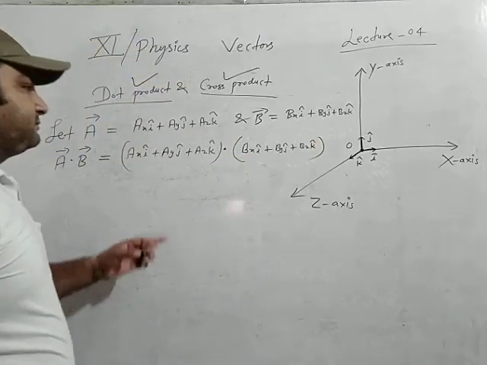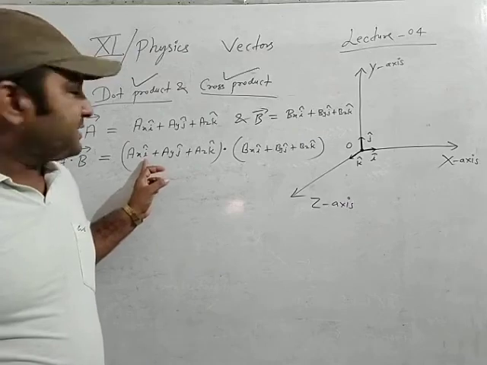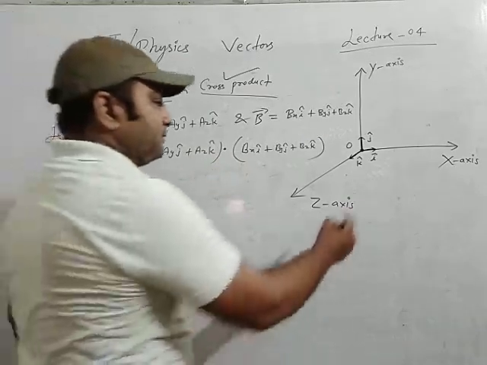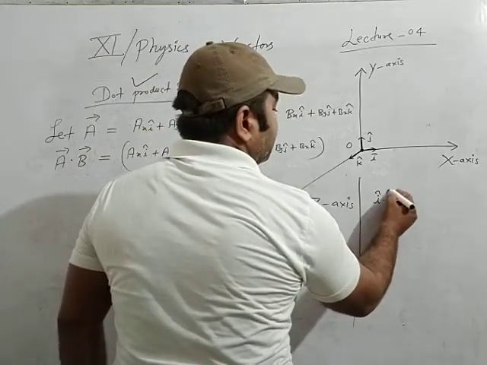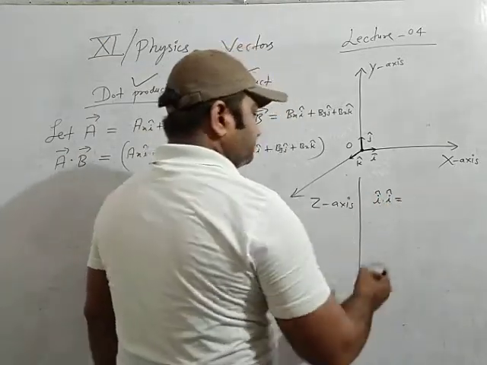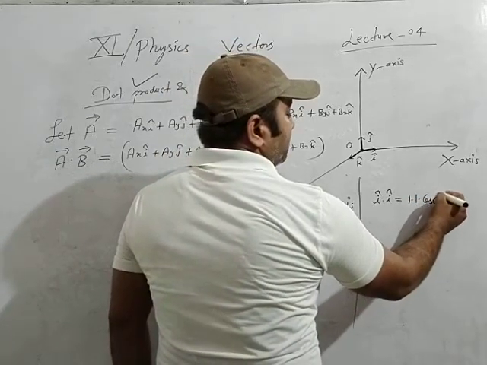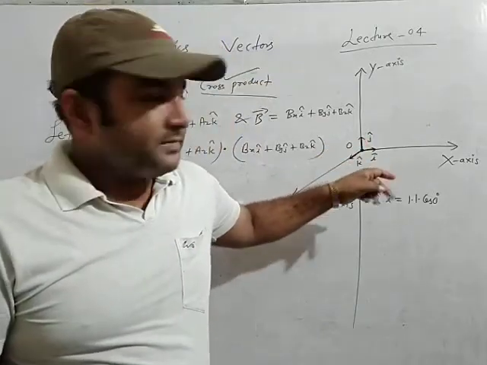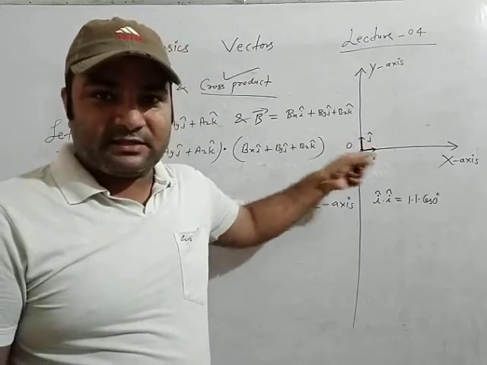And here, whenever i is multiplied with i, i dot i gives 1. How? Just see. i dot i is equal to 1 into cos 0 degree, because both the vectors are in the same direction. It means i dot i, along x axis, further i along x axis.